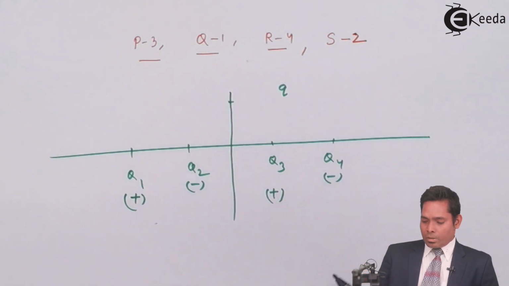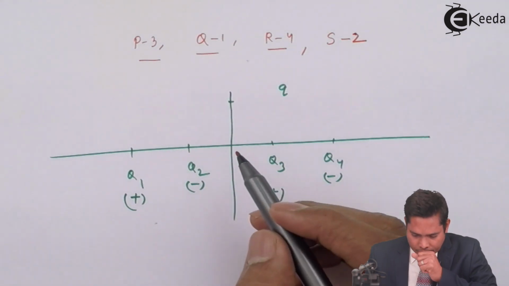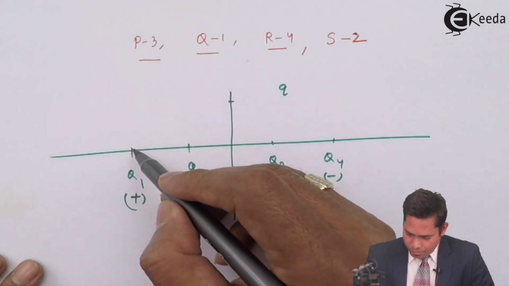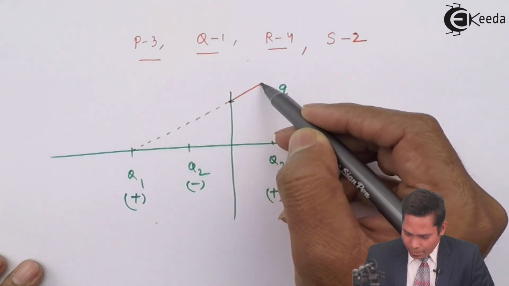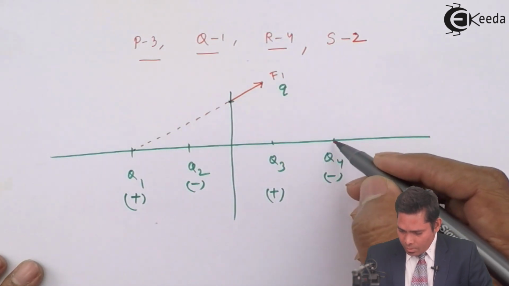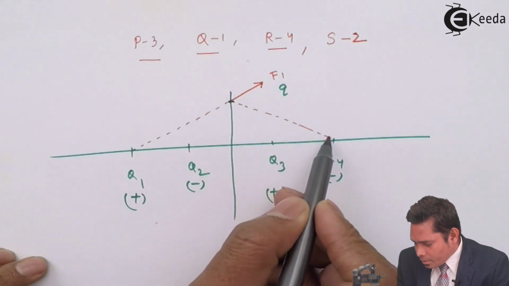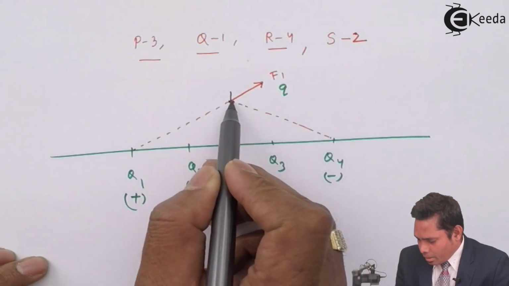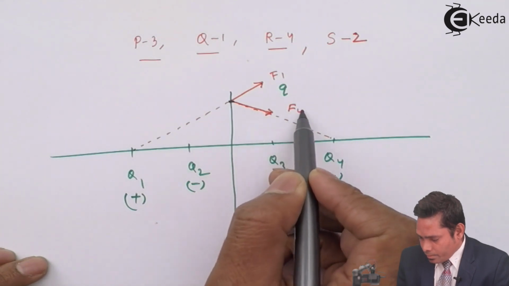Okay, then in which direction will the force act? This Q will repel and it is smaller in size, F1. This will attract and is smaller in size, equidistant, same magnitude. So this is the case for F4.